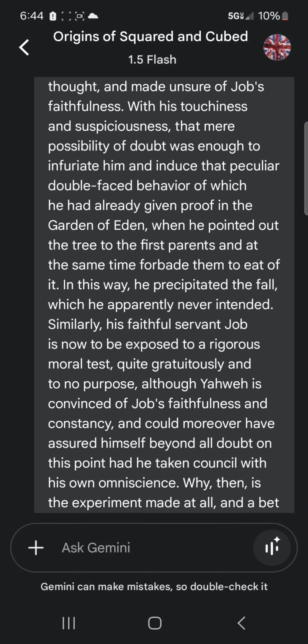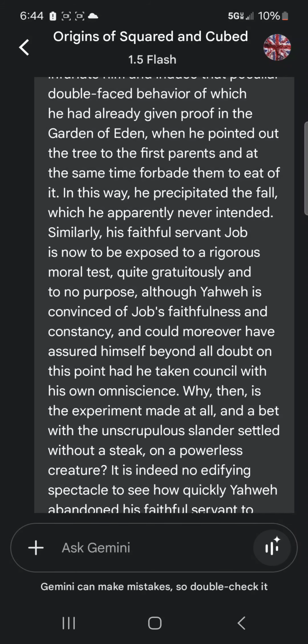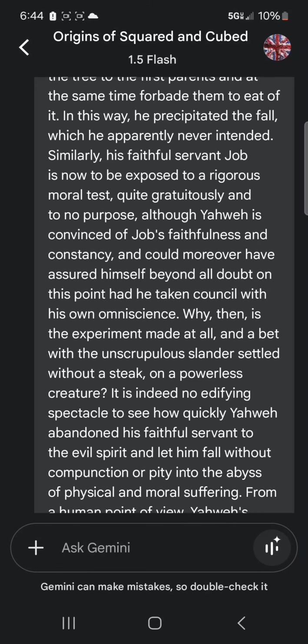Similarly, his faithful servant Job is now to be exposed to a rigorous moral test, quite gratuitously and to no purpose, although Yahweh is convinced of Job's faithfulness and constancy, and could moreover have assured himself beyond all doubt on this point had he taken counsel with his own omniscience. Why then is the experiment made at all? And a bet with the unscrupulous slanderer settled without a stake on a powerless creature.